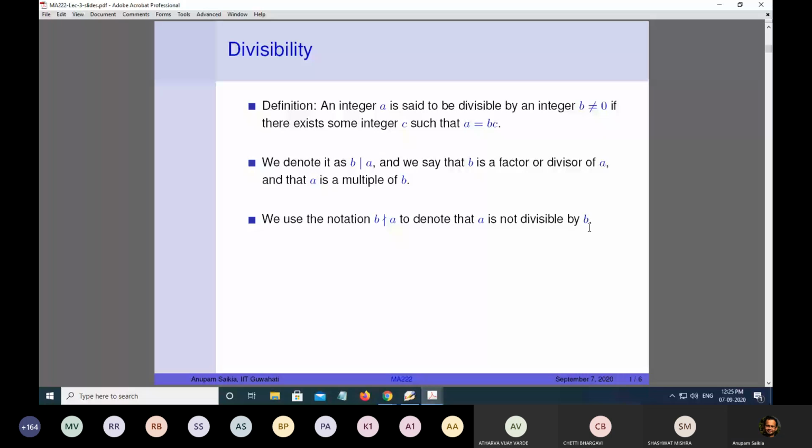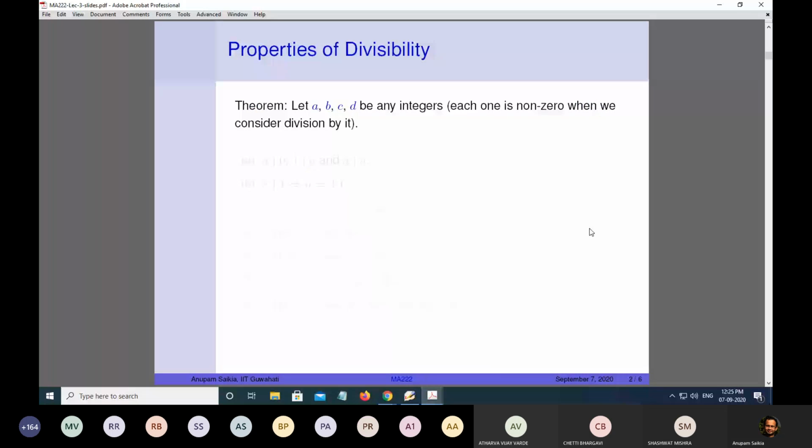There are certain properties of divisibility that follow quite easily. Some of them are obvious, so we're not going to prove them, but state them, and we'll prove maybe just as a sample one or two.